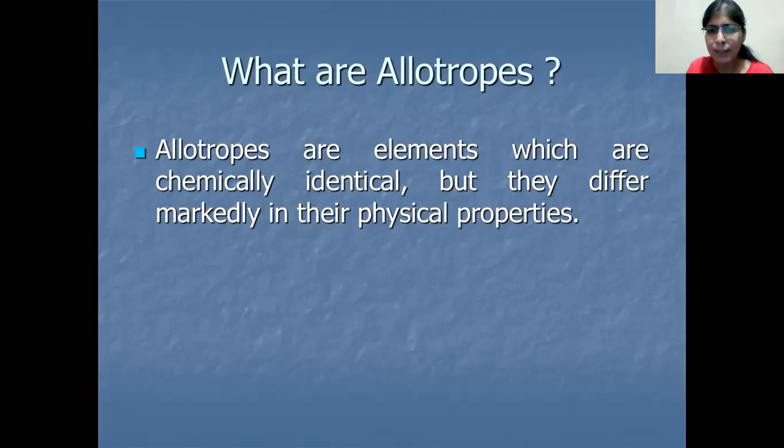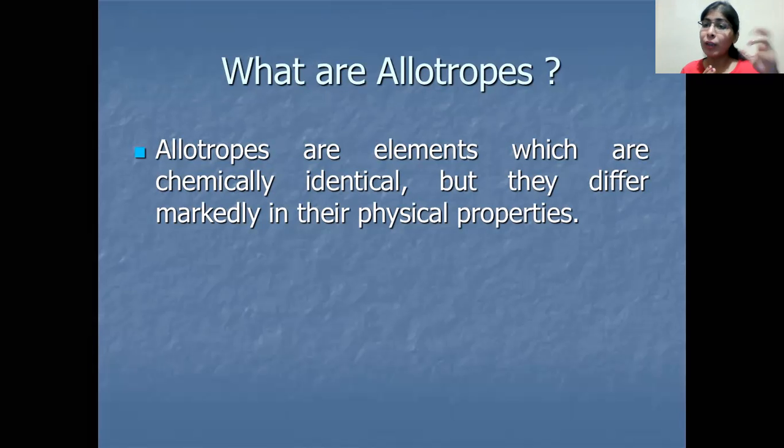Allotropes are basically elements which are chemically identical, but they have differences in their physical properties, like their appearance, their melting point, their boiling point.